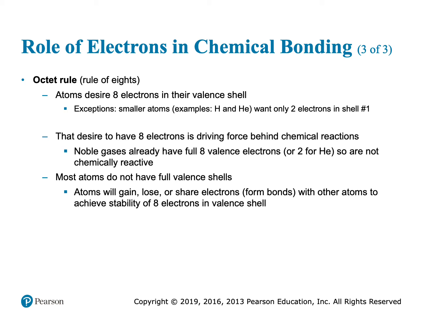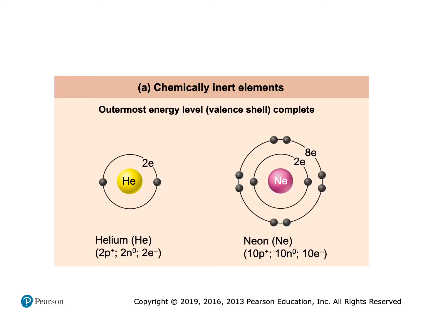He's not balanced. So he's going to want to bind with somebody to make his shell have 8. Most atoms don't have a full valence shell. That's why we have a lot of chemical reactions in the world, which is good, right?